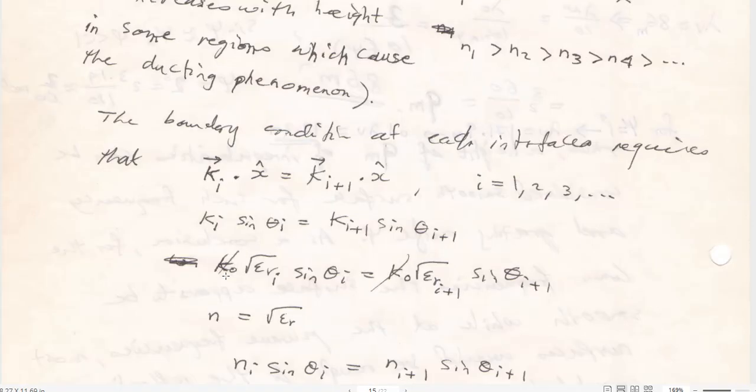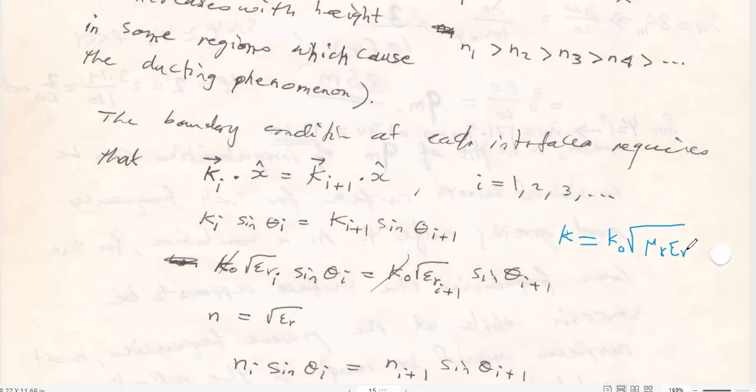Now k_i is equal to k naught times root epsilon r_i, because as we know from electromagnetic courses, k for any medium is equal to k naught for free space times the square root of mu r epsilon r.